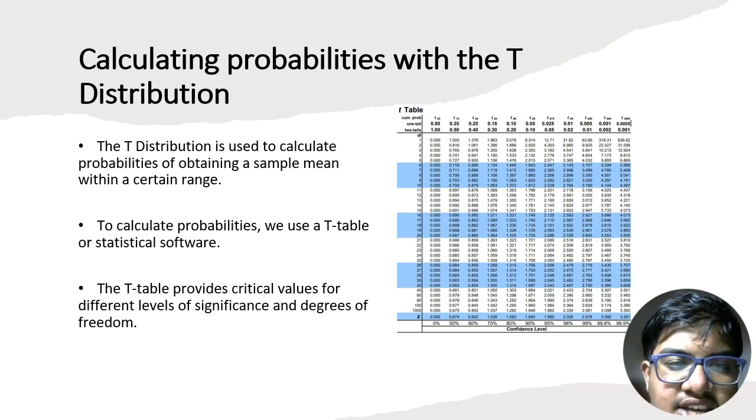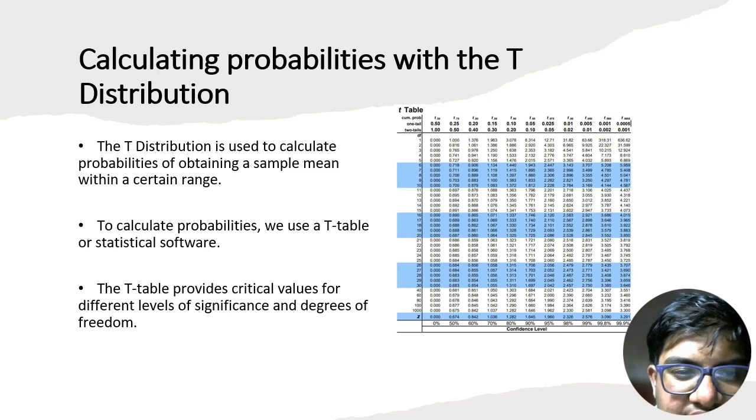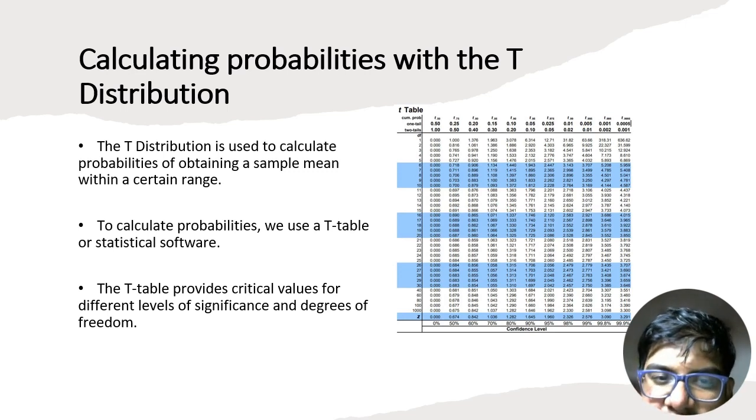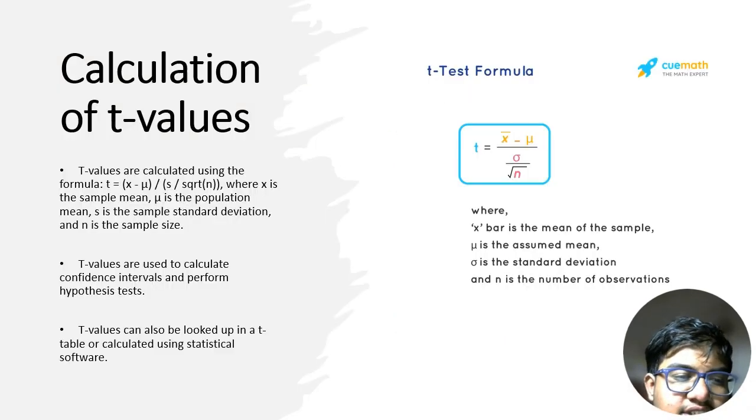As you can see, all the different critical values and degrees of freedom are provided here, with degrees of freedom being vertical and the critical values being horizontal. While doing sums, you use this table to compare the values to see whether the hypothesis is accepted or not. So let's see the next one.